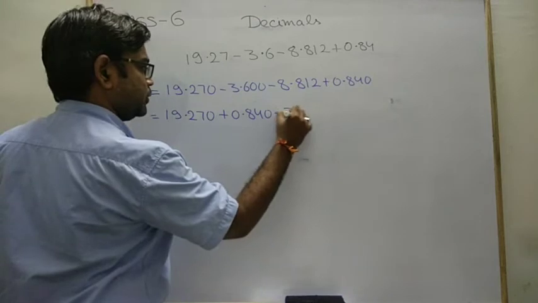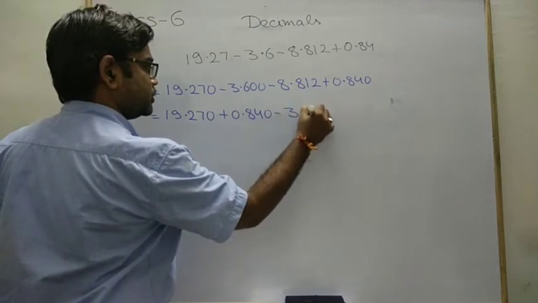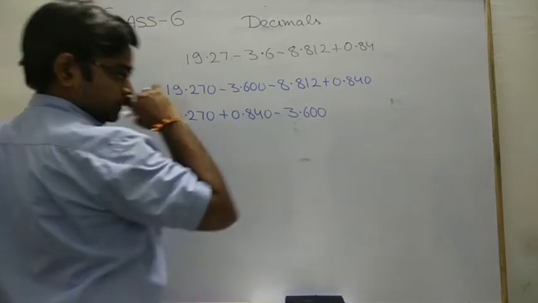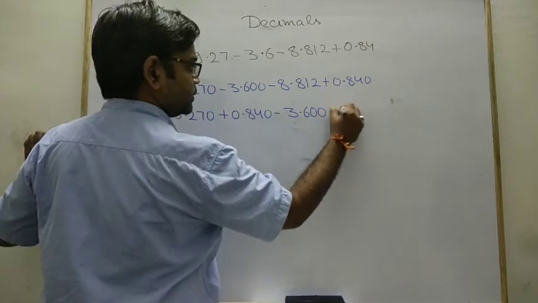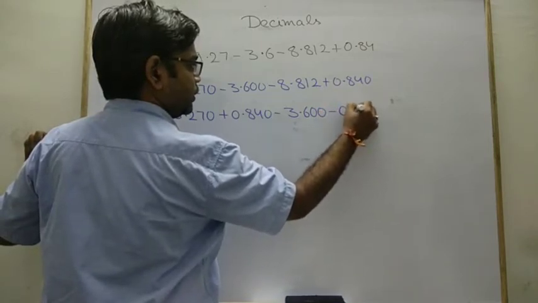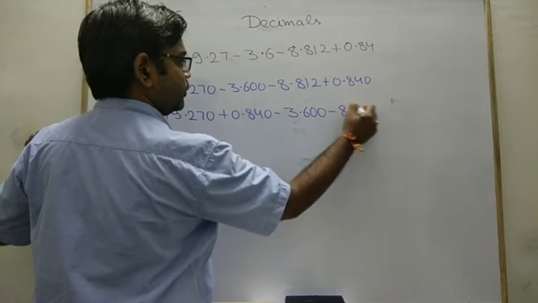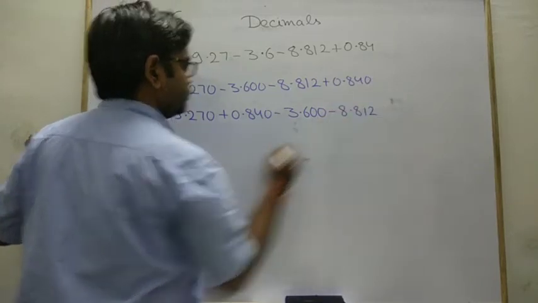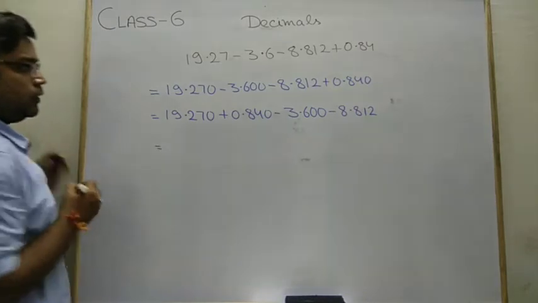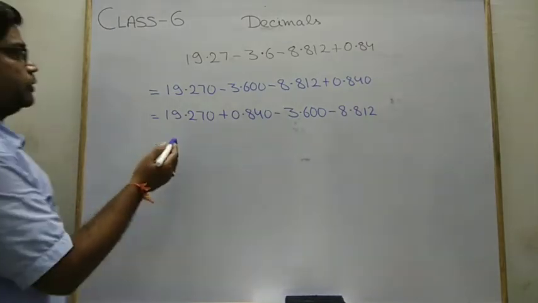Minus 3.600 minus 8.812. Now add them together.